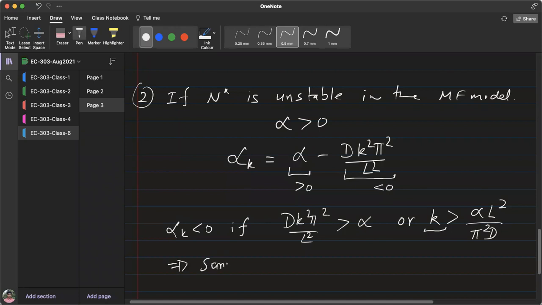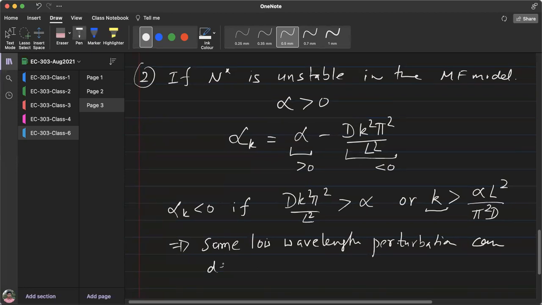This is equal to high wave number, which basically means low wavelength perturbations can decay even though the mean field equilibrium was unstable.